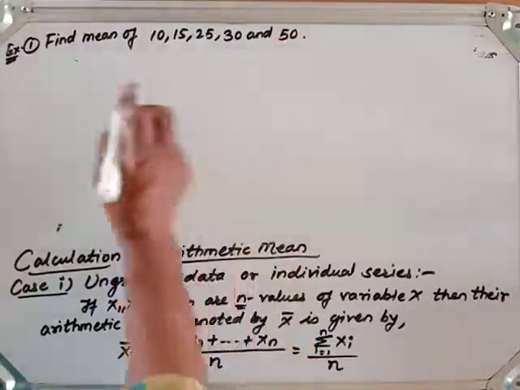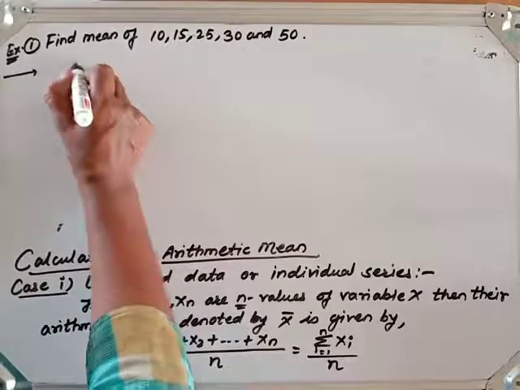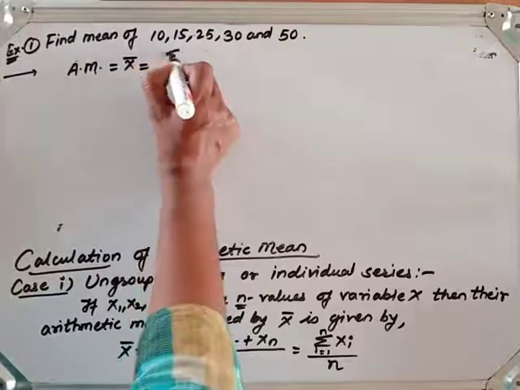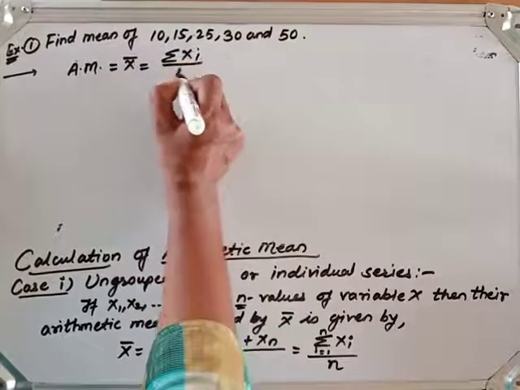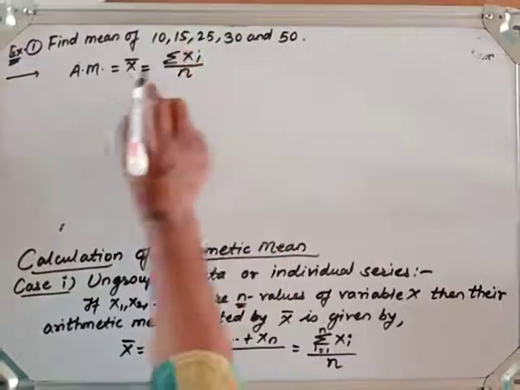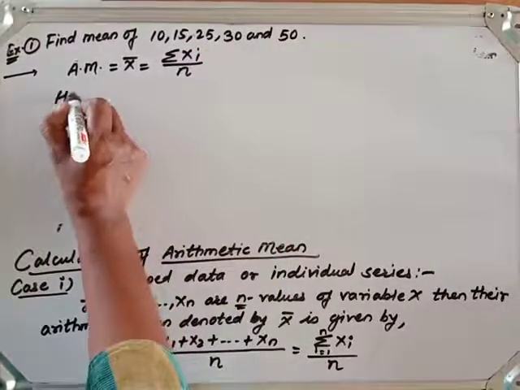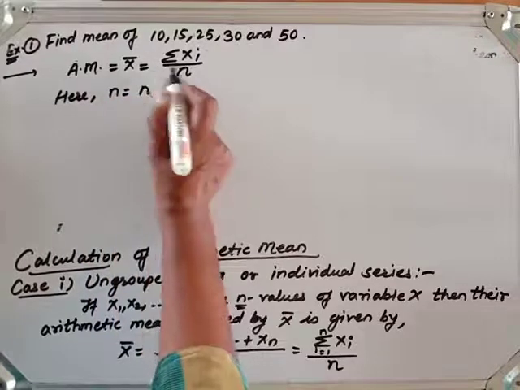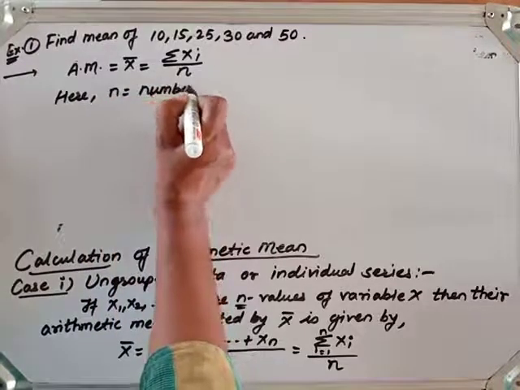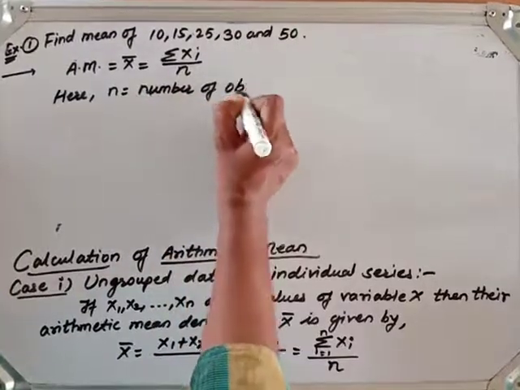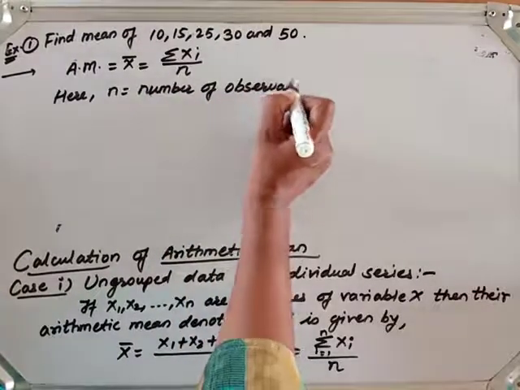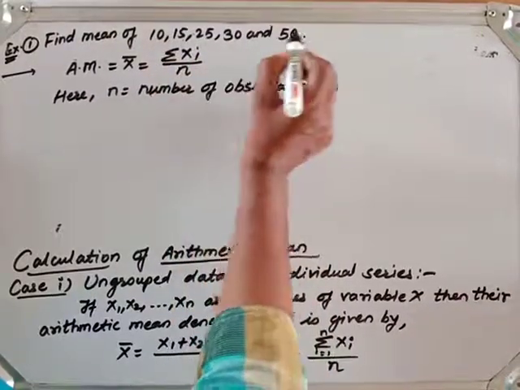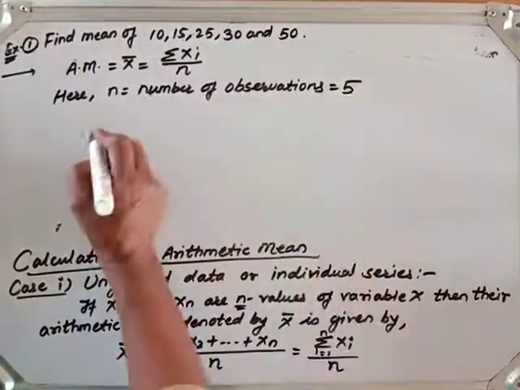So here arithmetic mean x bar is equal to summation xi upon n, whatever xi's are given to us. Here n is the number of observations, and how many observations are here? 1, 2, 3, 4 and 5. So n will be 5.